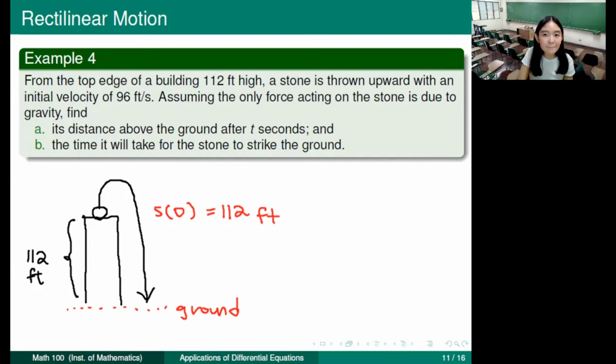Meanwhile, if, for example, I chose the top of the building to be my reference point, okay, then yung initial na position ng aking stone relative to the top of the building is in fact 0.